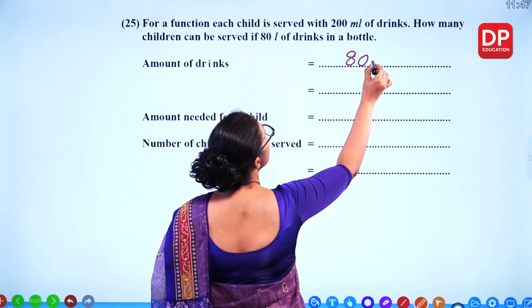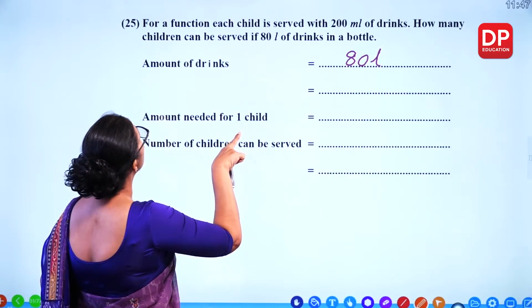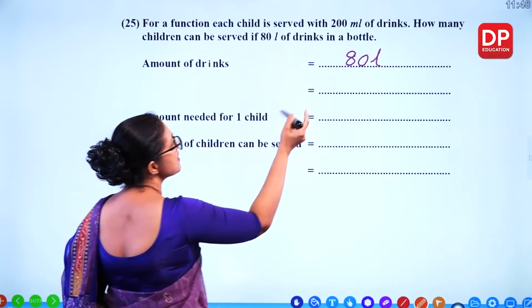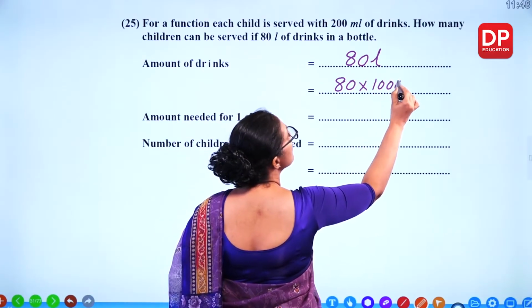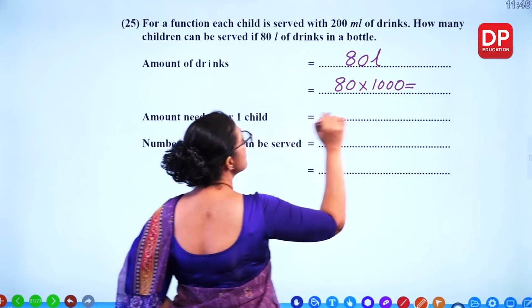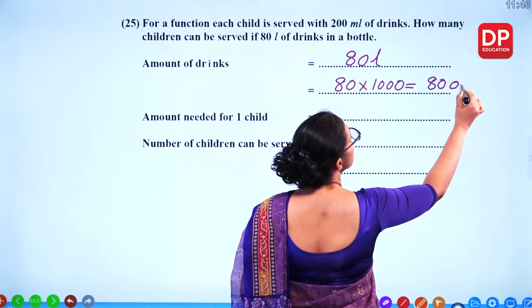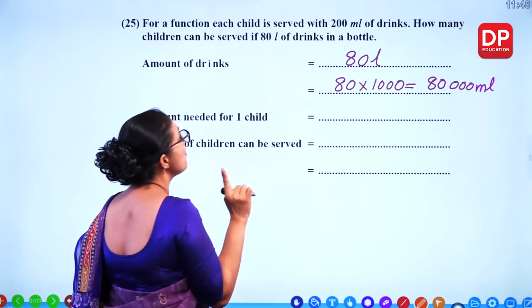Then 80 liters we can convert to milliliters. So 80 times 1000. So what's the amount? 80,000 milliliters are there in the bottle.